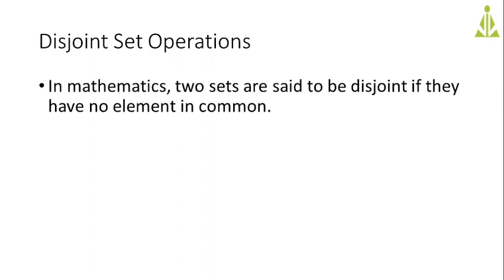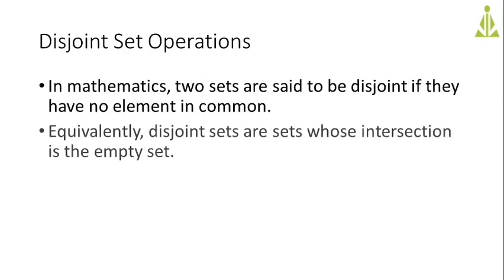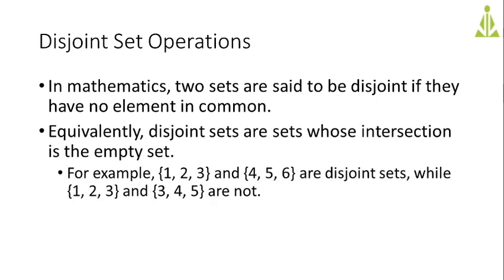In mathematics, two sets are said to be disjoint if they have no element in common. Okay, for example, this is one set and this is another set.